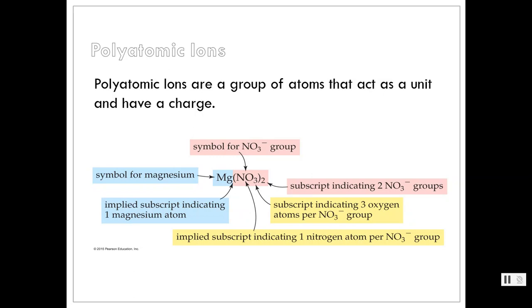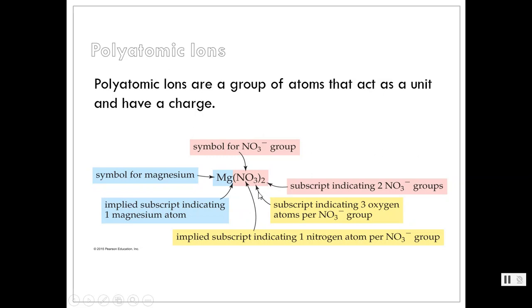So with polyatomic ions, you just need to be a little bit more careful in looking at subscripts when determining the number and type of atoms that are present. In this particular chemical formula, I have Mg, NO3 in parentheses, and then 2. Why we write this compound this way, we'll talk about a little later, but you should be able to say, I see from this chemical formula, I have 1 magnesium ion. How many NO3s do I have? I have 2 of them.